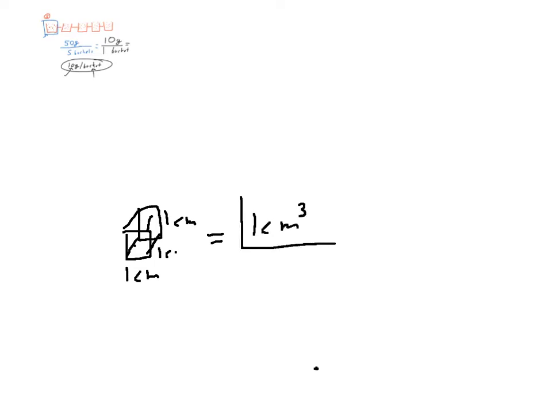Well, this is the size. A centimeter cubed is the bucket we like to compare all masses to. So in science, when we talk about density, what we're doing is saying how much mass is in an object that is exactly this big, a centimeter cubed.